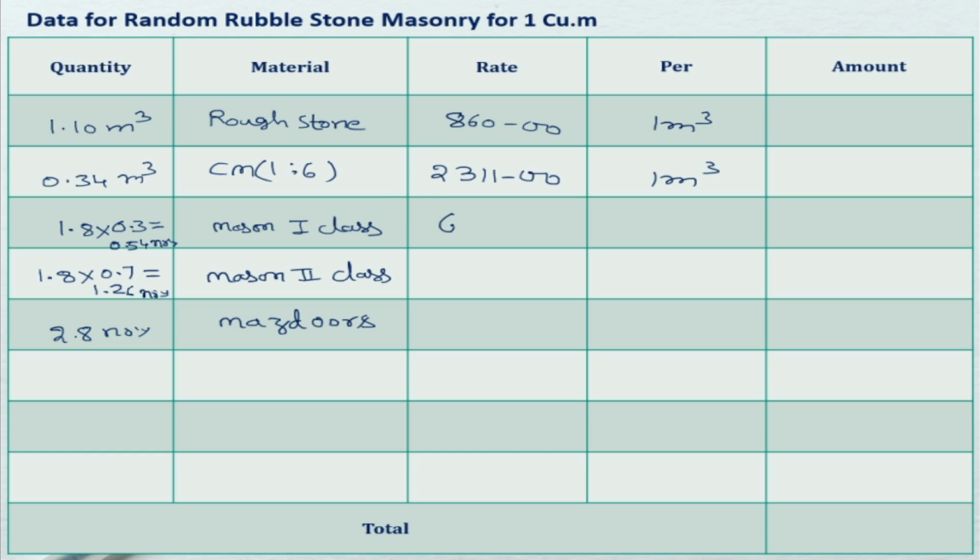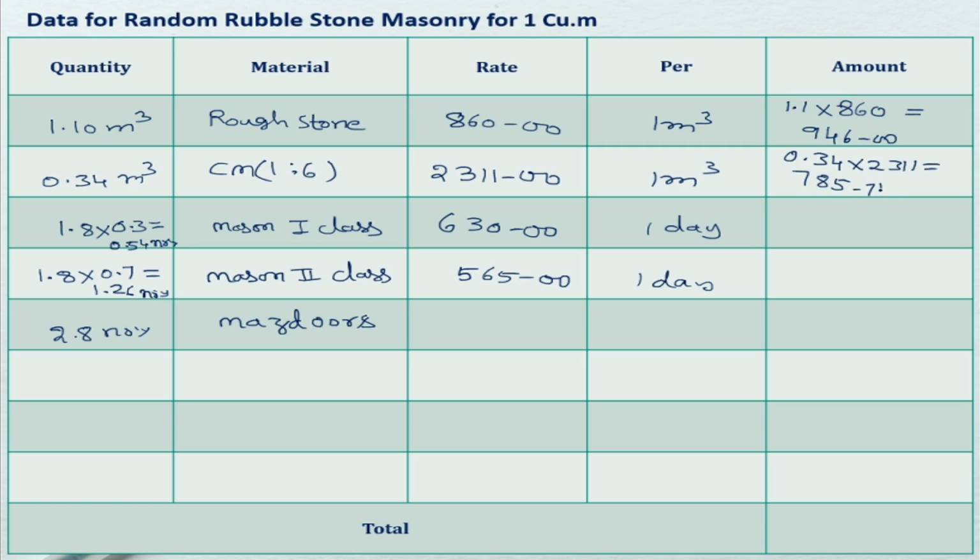Mason first class wage is 630 rupees per day and mason second class wage is 565 rupees per day. Amount is 1.1 into 860, which is equal to 946 rupees. 0.34 into 2311 rupees is equal to 785 rupees 74 paisa. 0.54 into 630 is equal to 340 rupees 20 paisa.